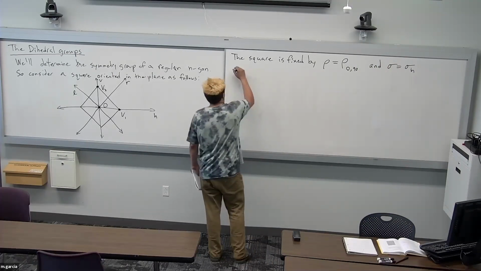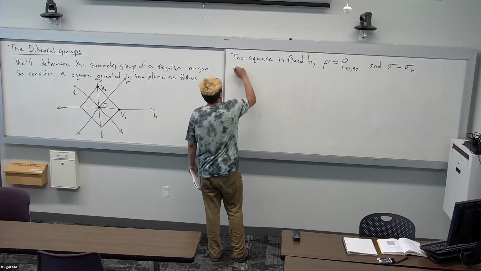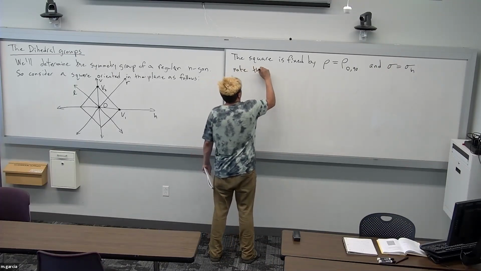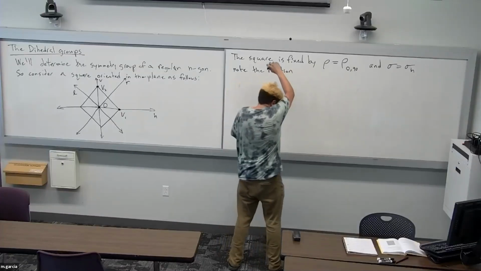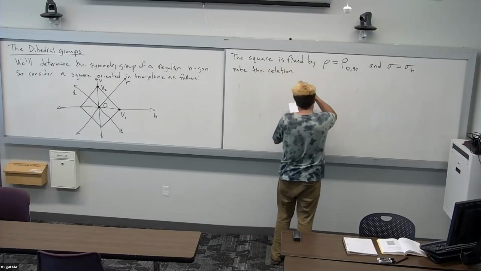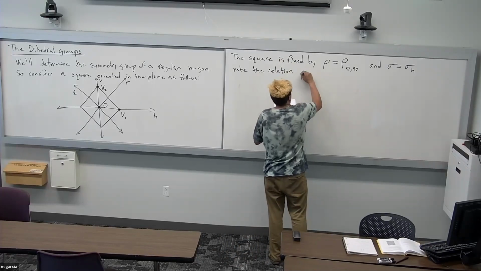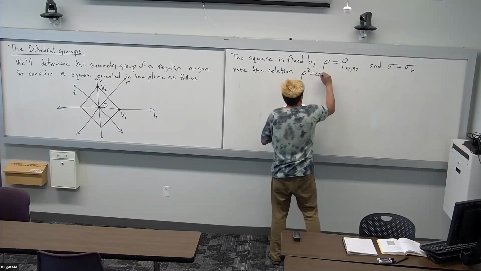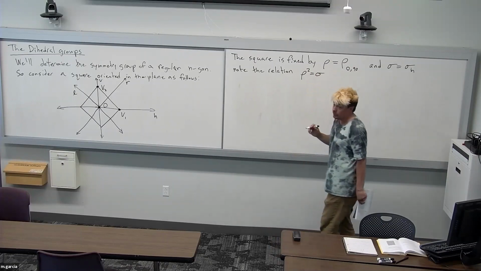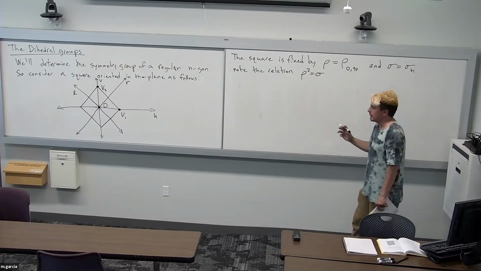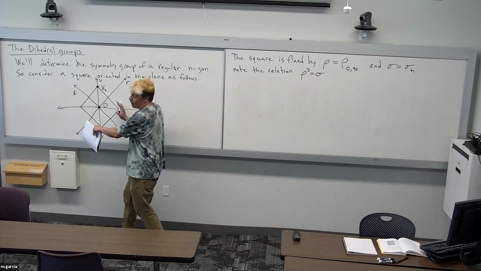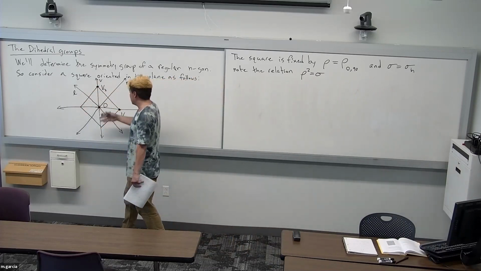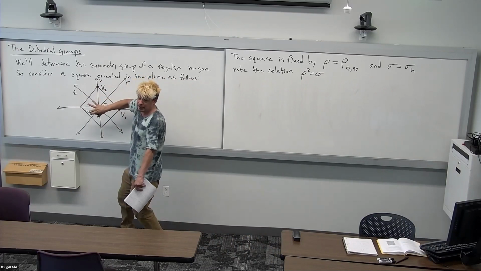So, note the relation rho squared is equal to sigma, right? That is to say, if I rotate this square by 180 degrees, that's the same thing as reflection about h.